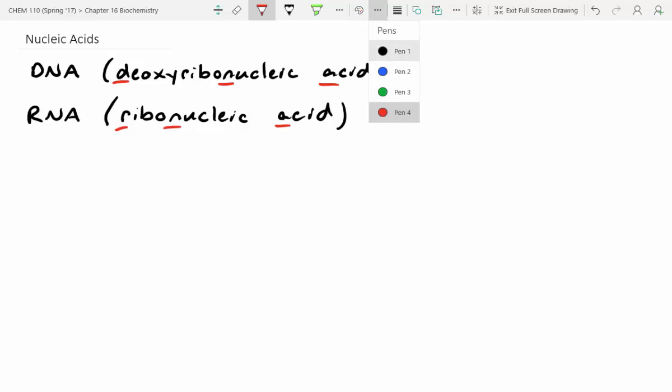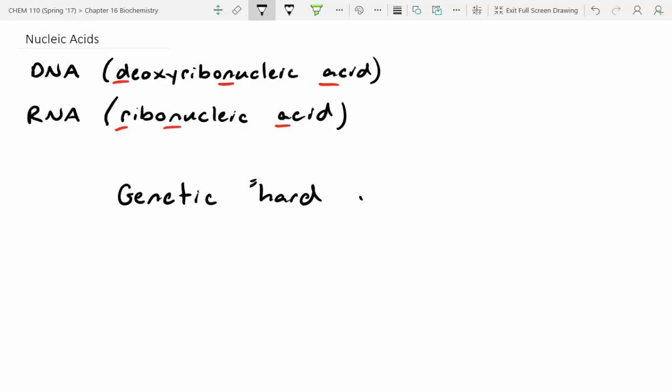The easiest way to describe DNA or RNA to people is that this is our genetic hard drive. So just like your computer has a hard drive to store information, we have genetic information stored in DNA and RNA.